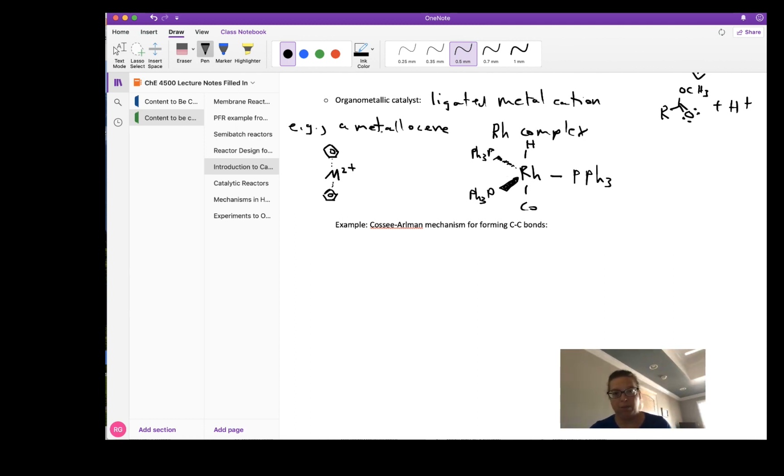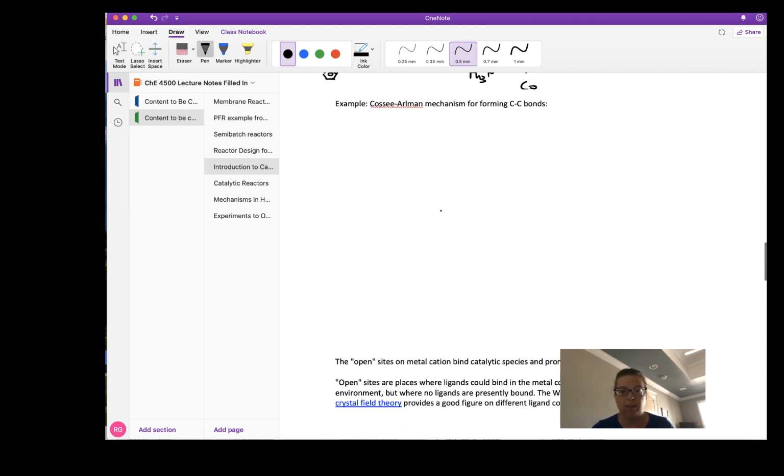So these are examples of organometallic catalysts. An example of reactions carried out by organometallic catalysts is the Cossee-Arlman mechanism for forming carbon-carbon bonds.